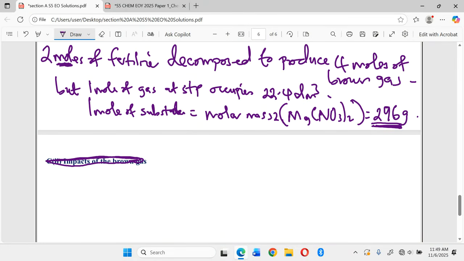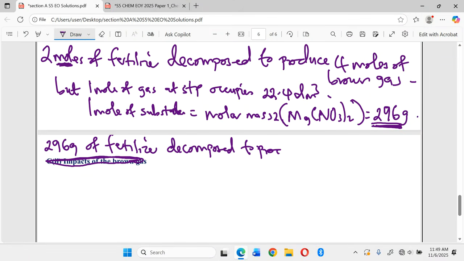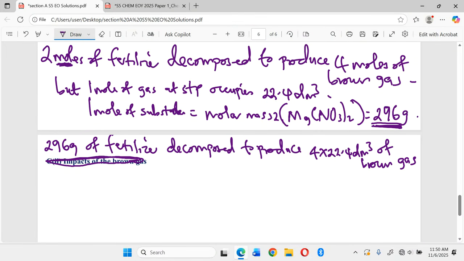So instead of writing 2 moles, we can say 296 grams of fertilizer decomposed to produce 4 moles, and 1 mole being 22.4 decimeter cubed, 4 times 22.4 decimeter cubed of brown gas.